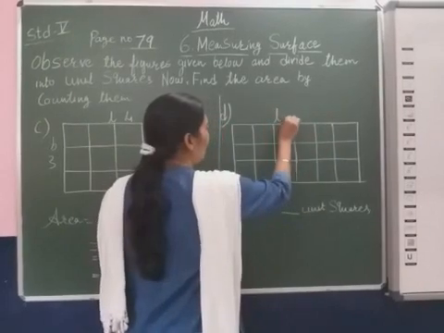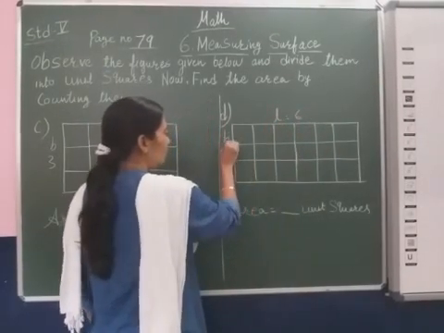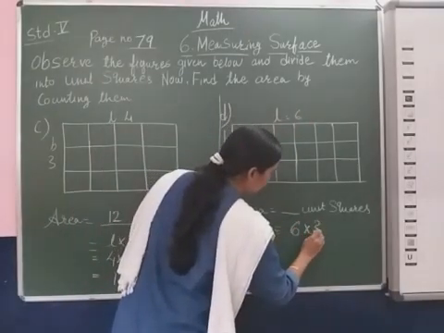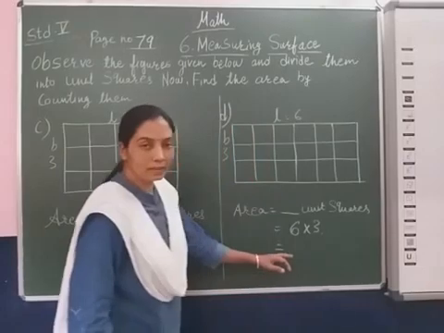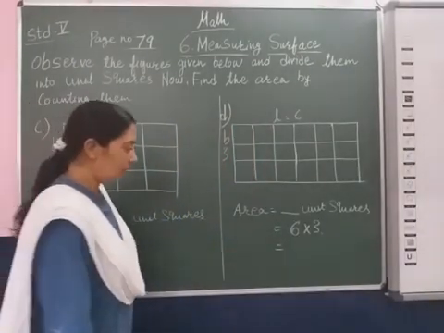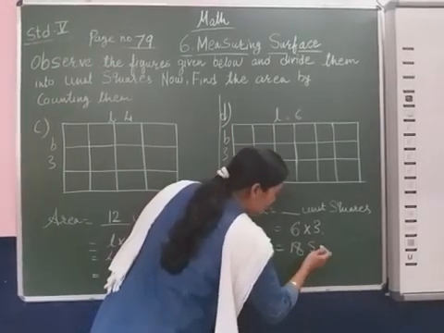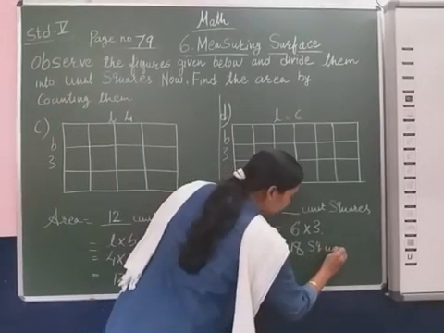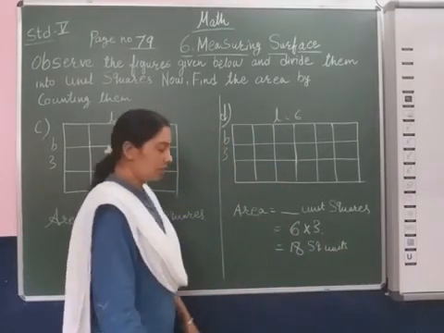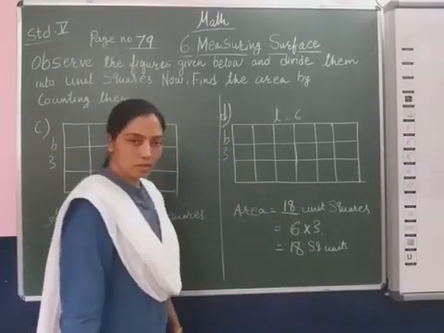Here the L is 6 units. 1, 2, 3, the breadth is 3 units. So 6 3s are 6 multiplied by 3. L into B is equal to 6 multiplied by 3, 18 square units. Or either here you can write, since the unit square is given, so we can write here 18 unit squares.